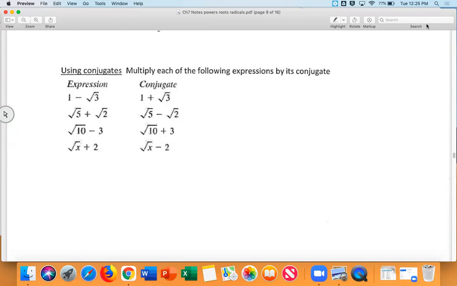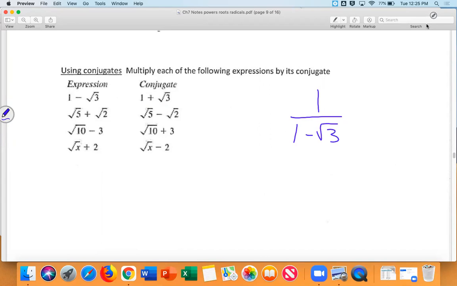So if I have something like this, Justin, I'm just going to use the first one as an example. I have 1 over 1 minus root 3. Now, the problem with this is in math, we don't like certain things. We don't like decimals in the denominator. We don't like square roots in the denominator.